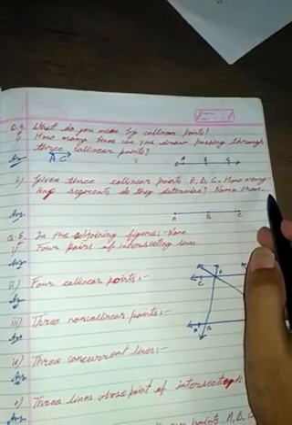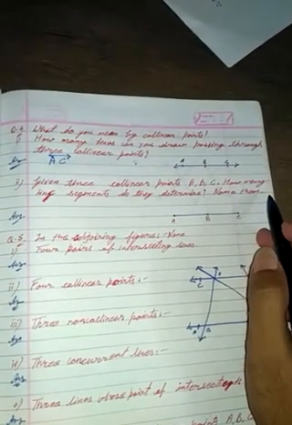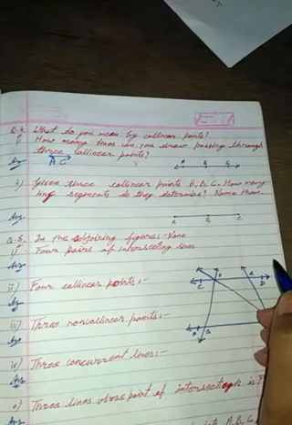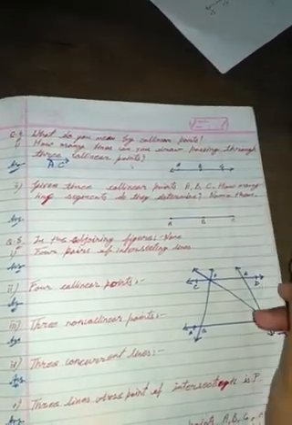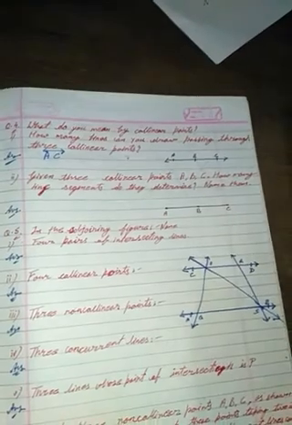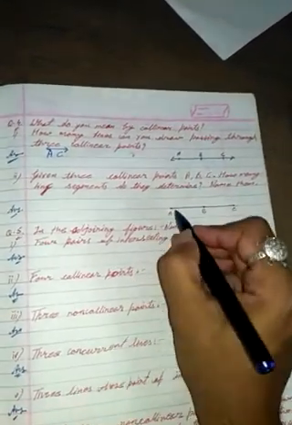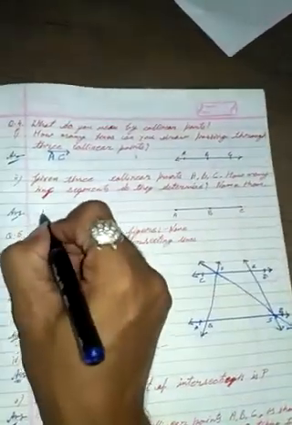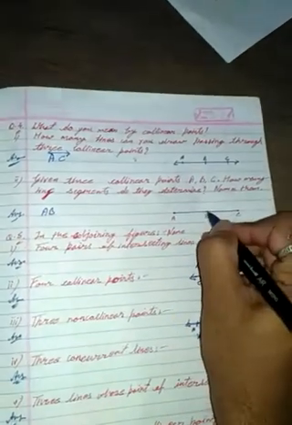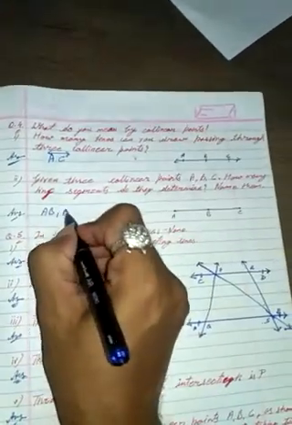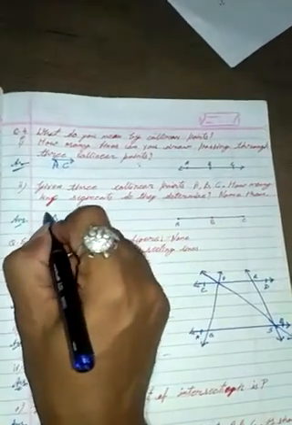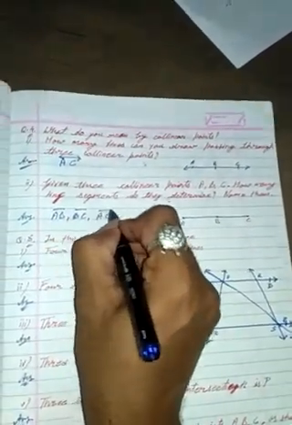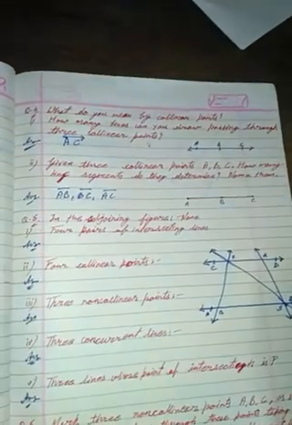First you write down. Now how many? There are two line segments. Name them: A, B, B, C, and A, C, and put the line segment symbol.